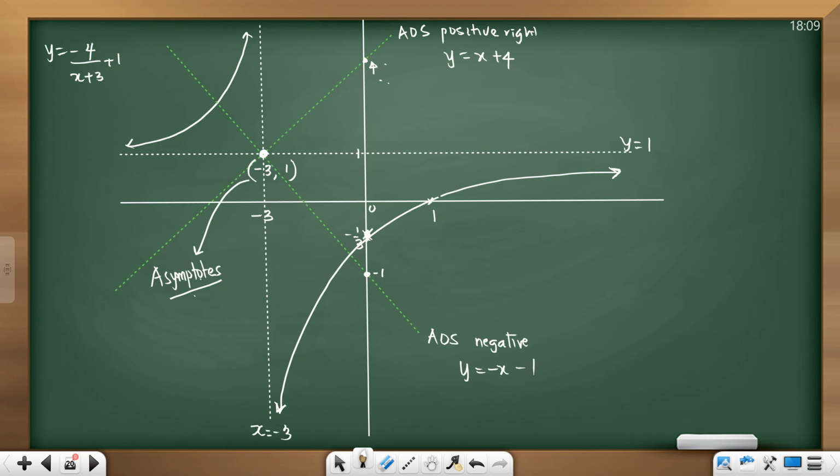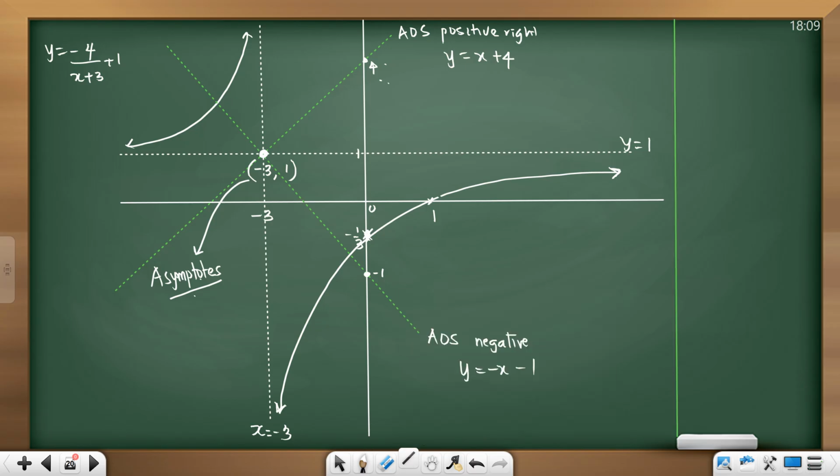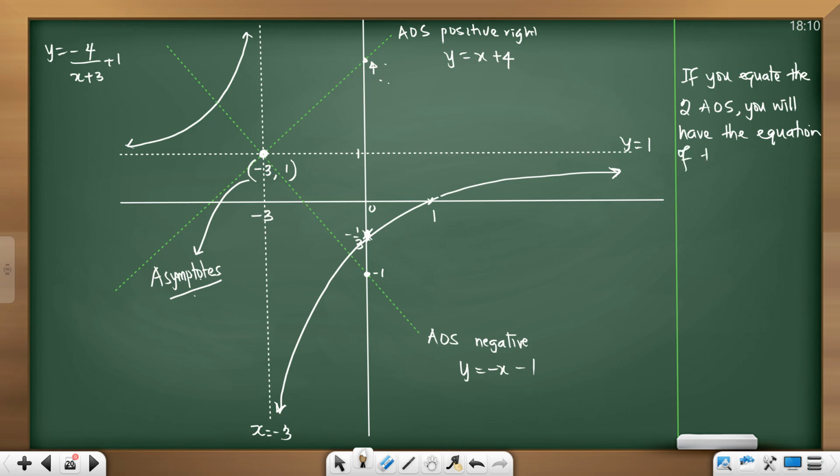Okay, guys, I'm going to have to shut down now. But before I shut down with you guys, very tricky something here. If you equate, you can just take a picture of this, the two axes of symmetry, you will have the equation of the asymptotes.